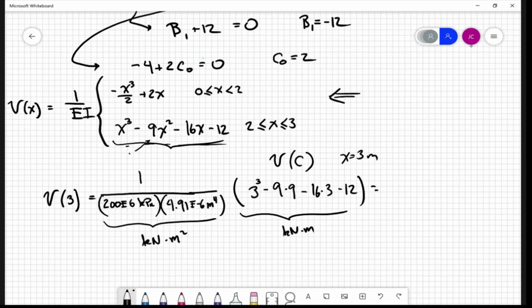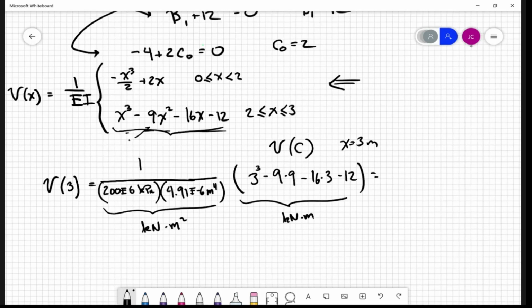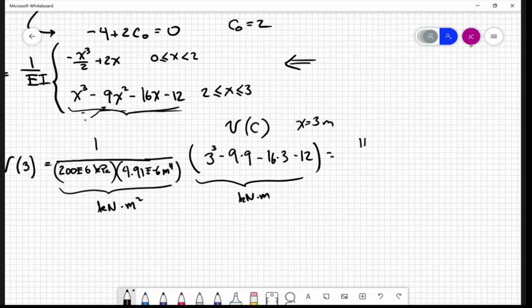Okay. So this evaluates to 114. So I get 114 over the 200 to the 6 times that, right? So 200 over 982.